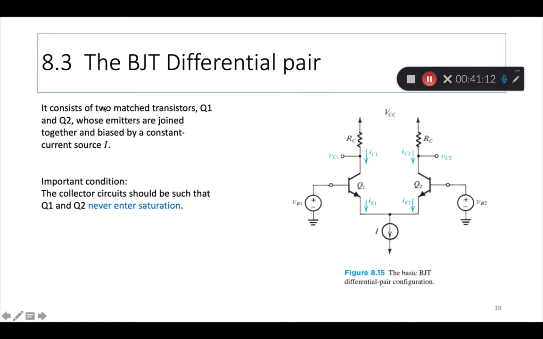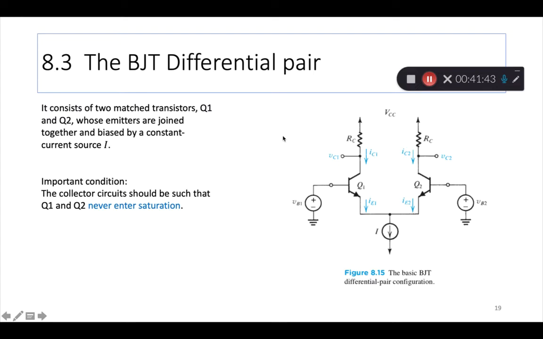The differential pair consists of two matched transistors Q1 and Q2 whose emitters are joined together. For a MOS device, we said that the two sources are joined together. So correspondingly, for BJTs, we say that the two emitters are joined together and biased by a constant current source, I.